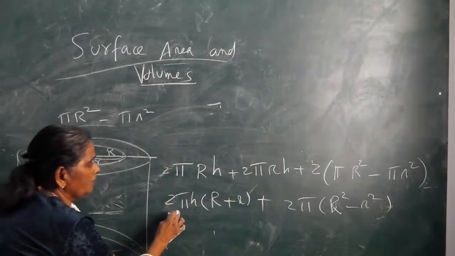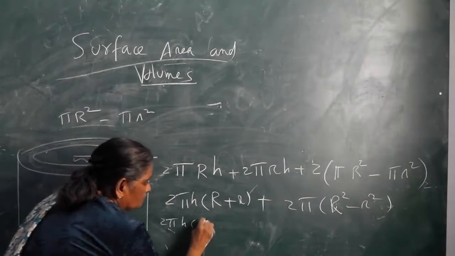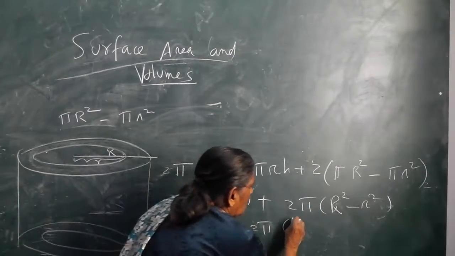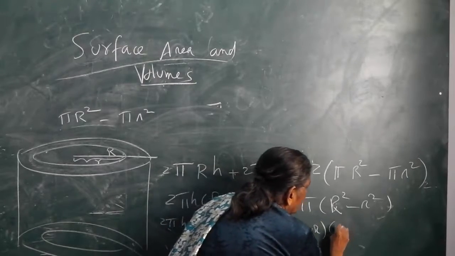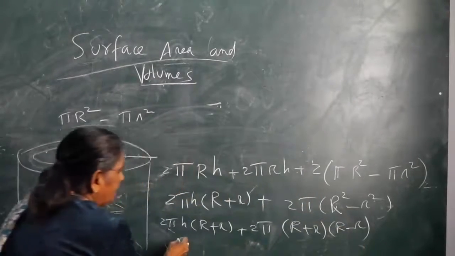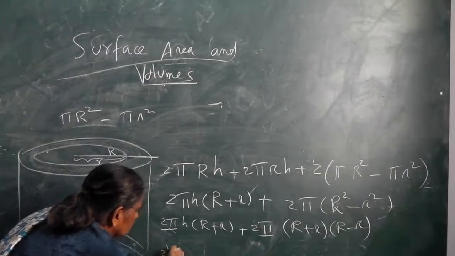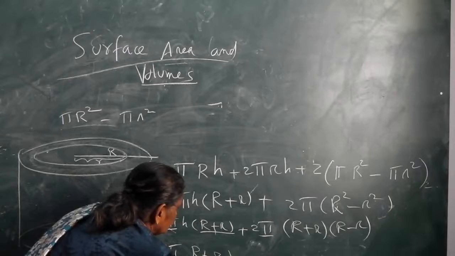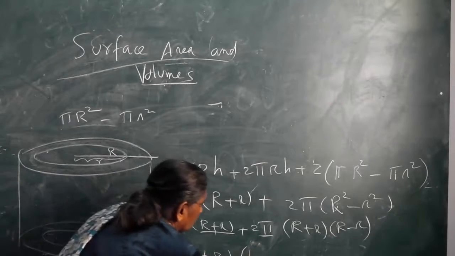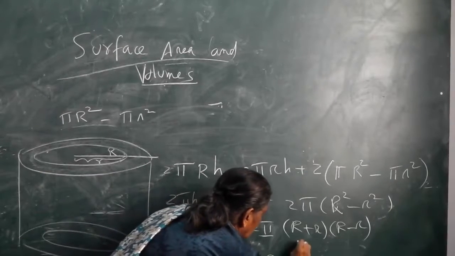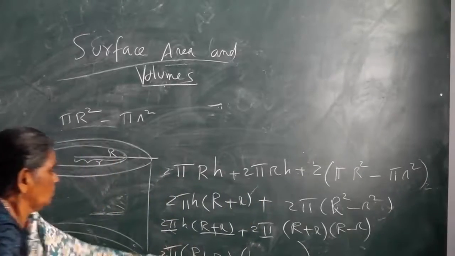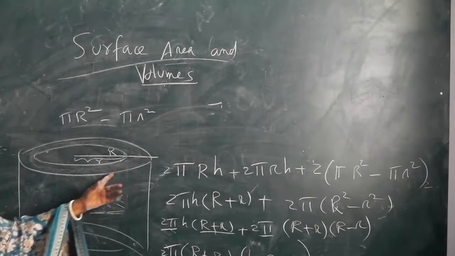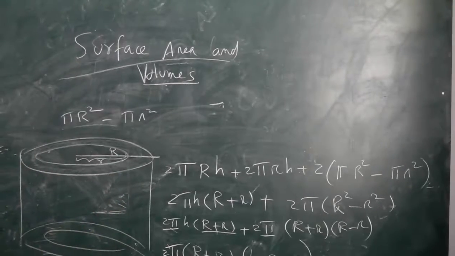Now, again you can take 2 pi h, R plus r, plus 2 pi, a square minus b square, R plus r, R minus r. Now you can take 2 pi common, R plus r common, h plus R minus r. So, instead of memorizing, then and there visualize, find out the area.